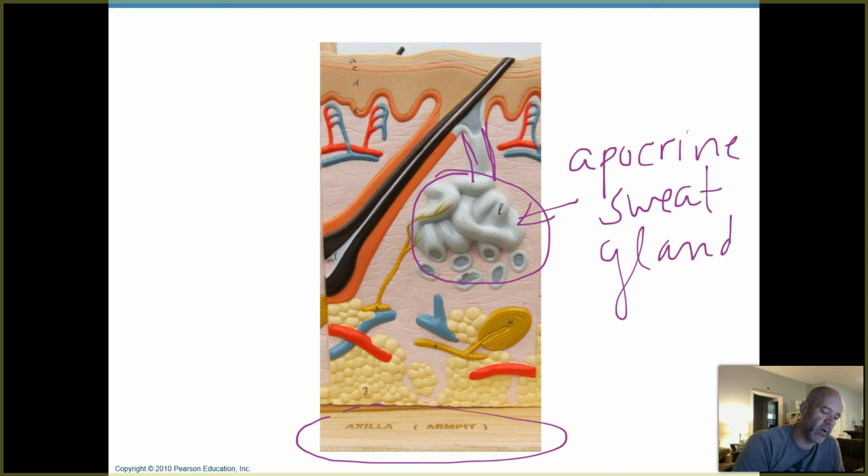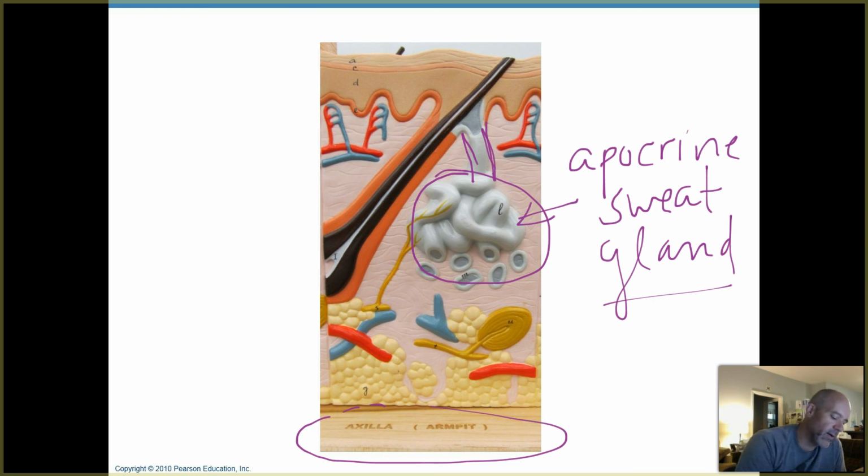You only have those in your axillary regions and also in your anogenital regions, and they also produce sweat. They don't start working though until you reach puberty, and the sweat is thicker. It has different types of substances in it and a stronger odor, and we'll talk more about the differences between this apocrine sweat and eccrine sweat on the physiology side.